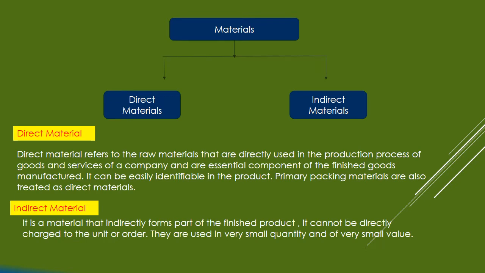So it cannot be directly charged to the unit or order because we are using it only in small quantity and of very small value. So indirect materials are the materials used indirectly in the finished product, and it cannot be directly charged to the unit or order and used in very small quantity or of very small value.